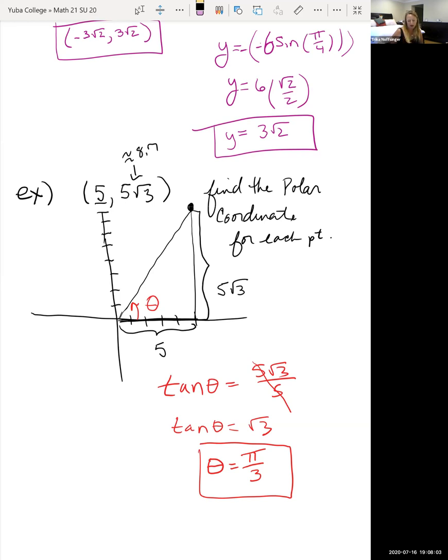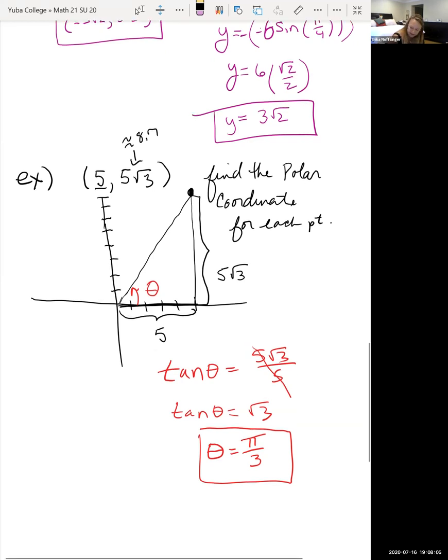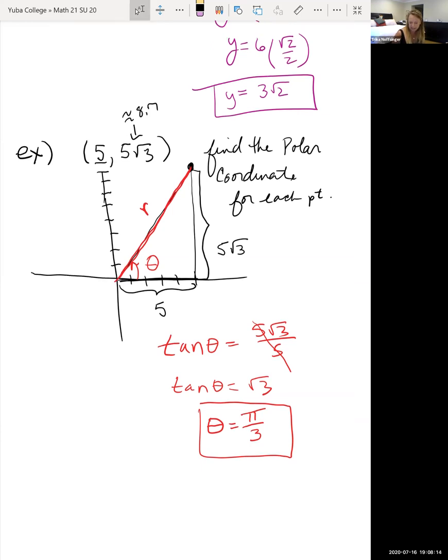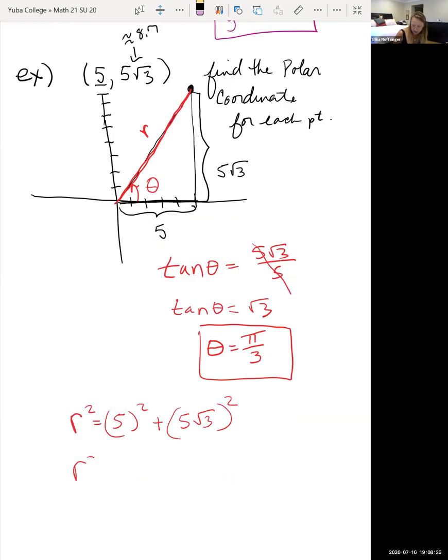And then r is this length. Well, Pythagorean theorem. We have our two legs, and so we know that r squared then is the same thing as 5 quantity squared plus the other leg quantity squared. So r squared is equal to 25 plus 5 times 5, 25.